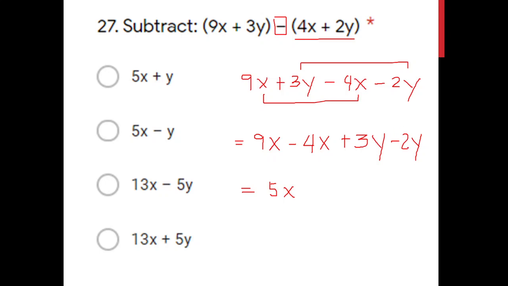Since 3 is bigger than 2, the sign would be positive, and then 1. 3 minus 2 is 1. Copy the variable, and since the numerical coefficient is 1, this 1 becomes an imaginary number, so the final answer would be 5x plus y. So it's letter A.